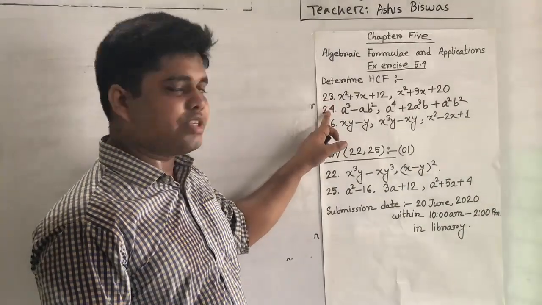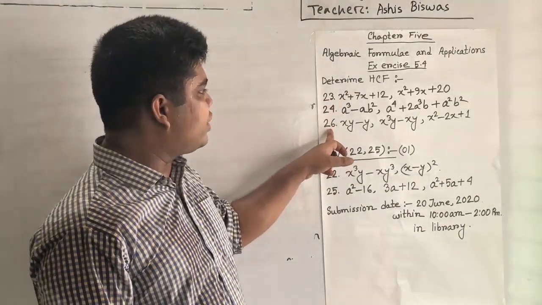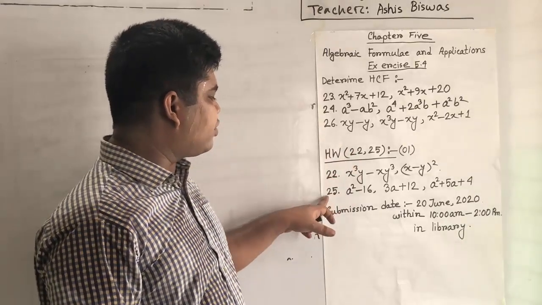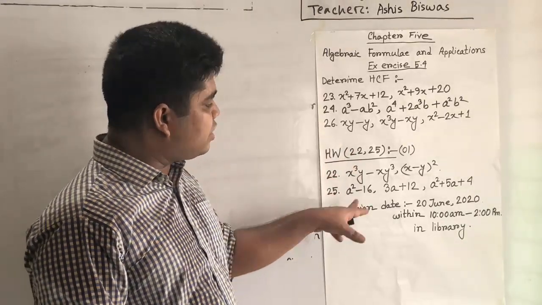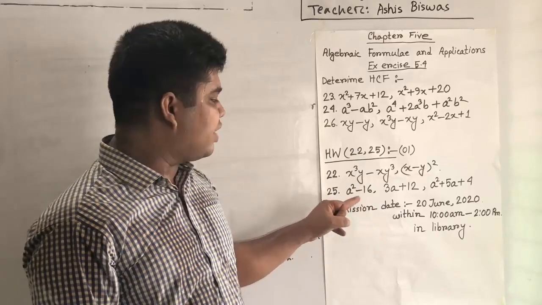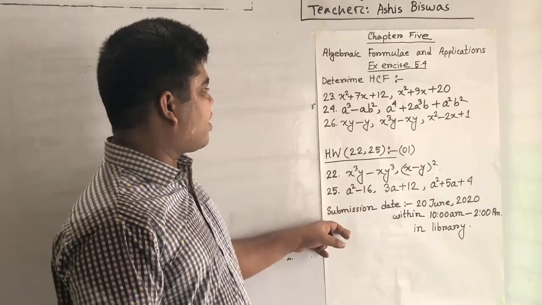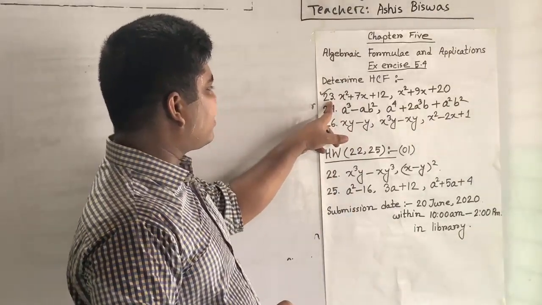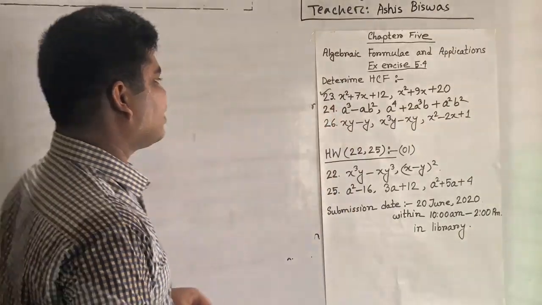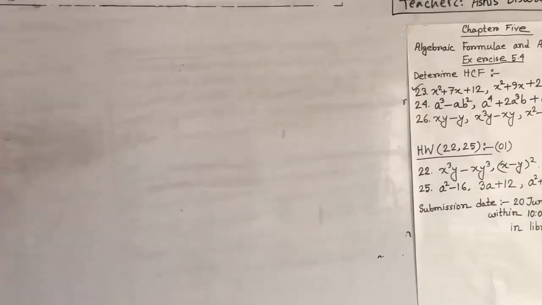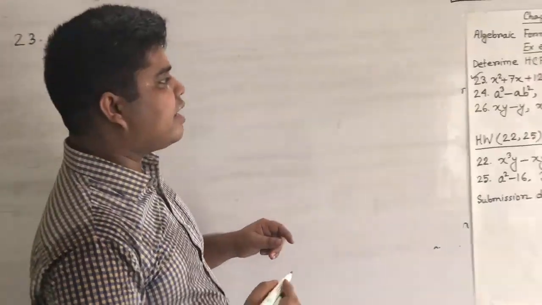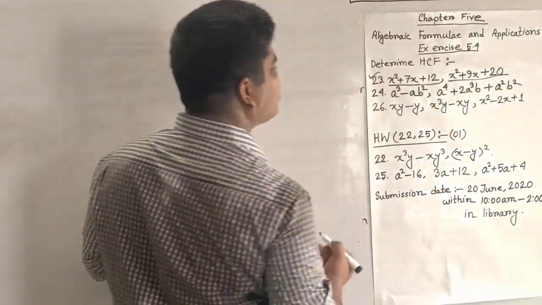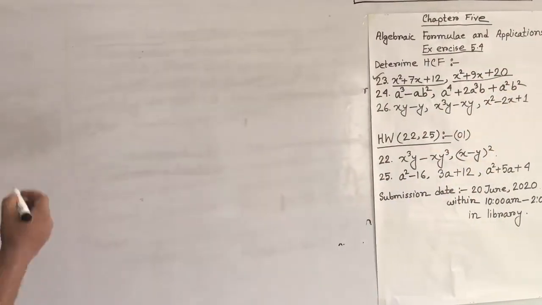Problems 23, 24 and 26 we shall solve as a CW, and 22 and 25 you shall do as SW in your SW copy. So let us start with our first one, which is 23. Here there are two expressions, expression 1 and expression 2. First of all we write the first expression.